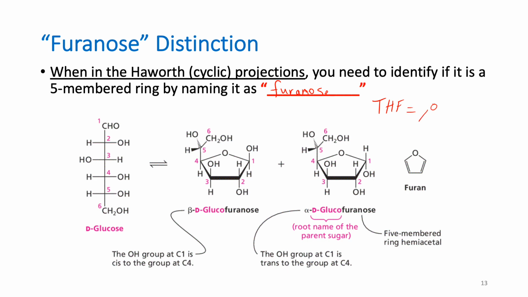All that looks like is a 5-membered ring with an O in it. Now, furan, meaning not tetrahydro, but furan, is just the unsaturated version of this with 2 double bonds in there. It is aromatic, you may recall from the benzene chapter.